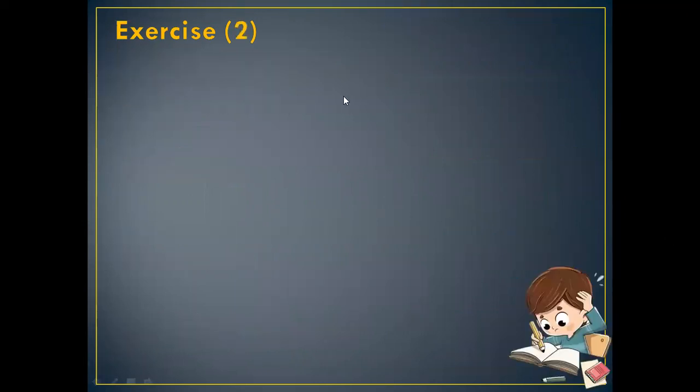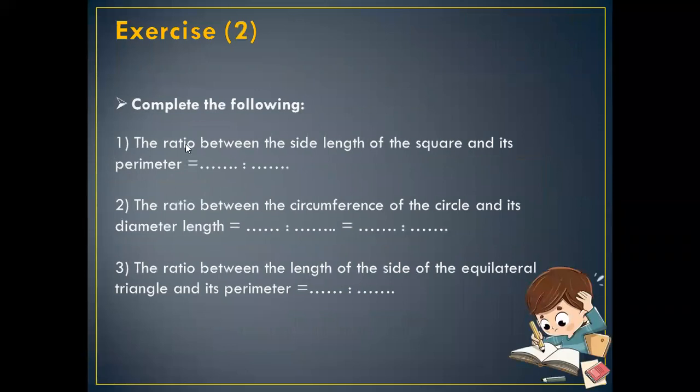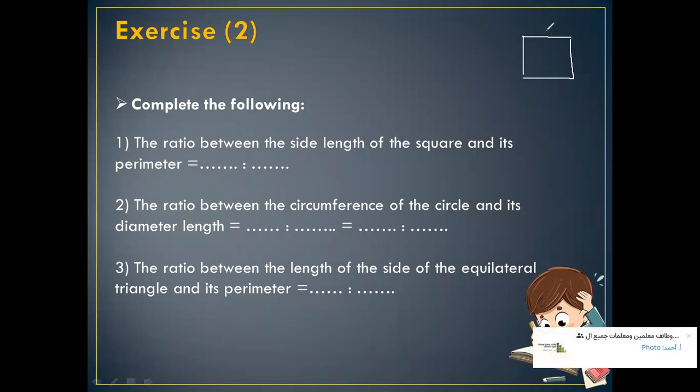Okay, let's take another example. Now, look here. We ask you about the ratio between the side length of the square and the perimeter. Let's see here. This is your square. You know, each side equals s.